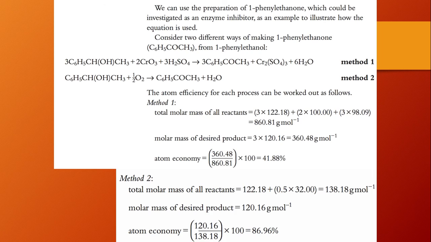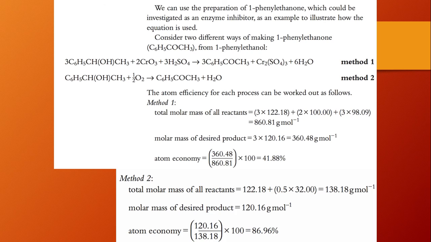Okay, two different equations which are seen on the screen. And you could see how they are starting with the same starting material, getting the same product, but taking two different methods. So the atom efficiency or atom economy can be worked out.